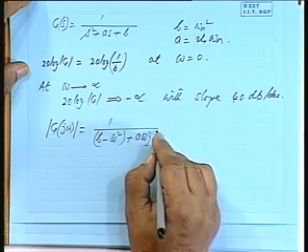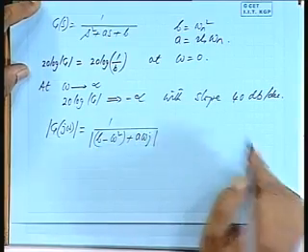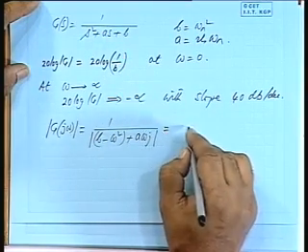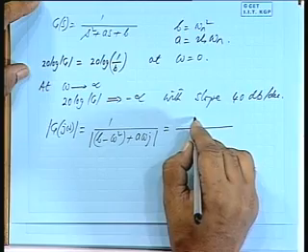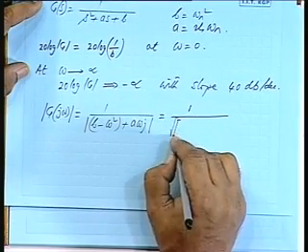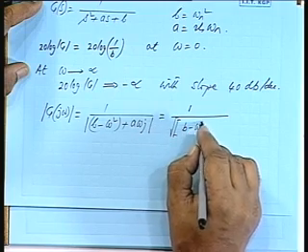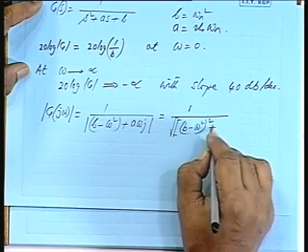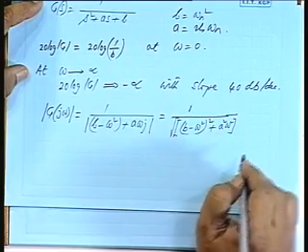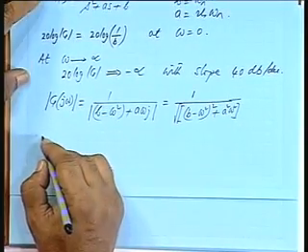I am just putting s equal to j omega. That equals 1 by root of b minus omega squared whole squared plus a squared omega squared. Agreed? So, 20 log of g.